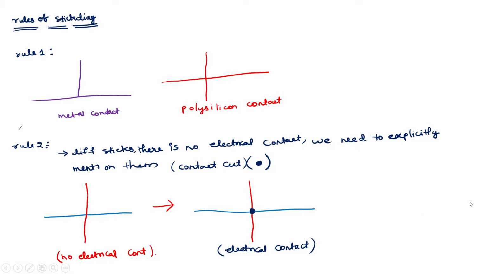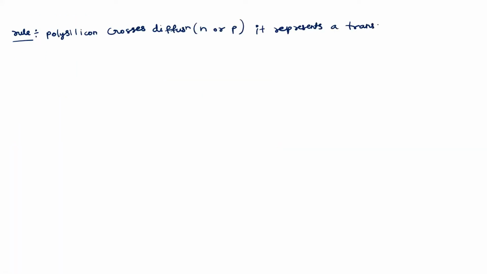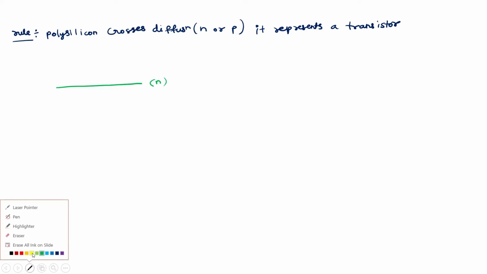And rule number 3 is: when poly crosses any diffusion, it represents a transistor. We have already discussed that green represents the N diffusion, and yellow color represents the P diffusion.